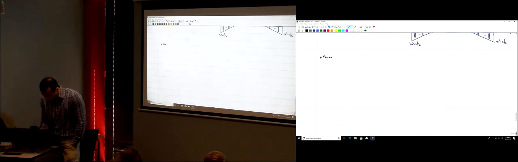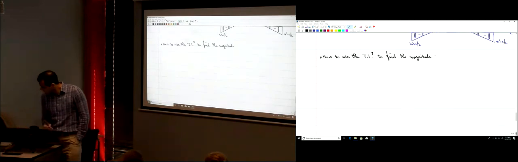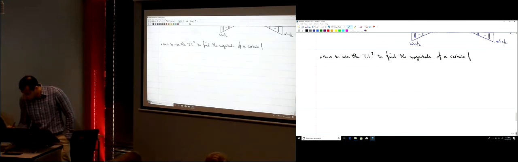How to use the influence lines to find the magnitude of a certain function.